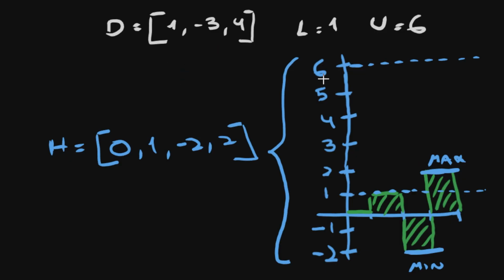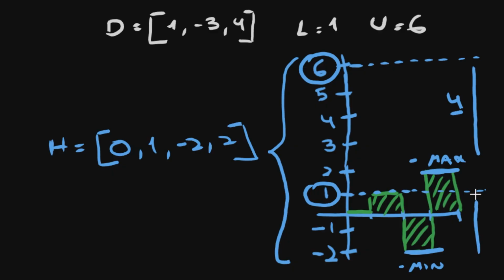So if we take the difference between the upper bound, which is 6, and the maximum value, we have a difference of 4. And if we take the difference between the minimum value and the lower bound, we have a difference of 3. So to find the answer, we only need to do 4 minus 3 plus 1.